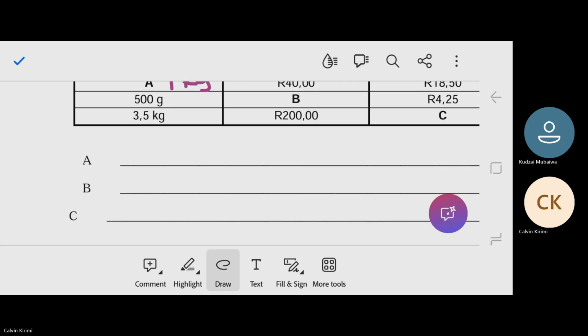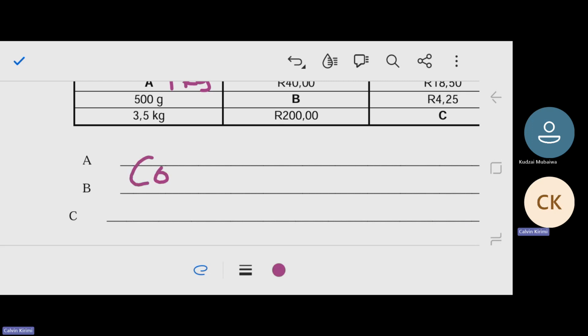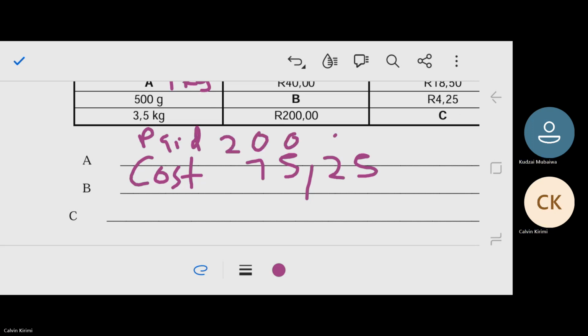75.25. So the cost is 75 rand 25 cents. Then the person paid with how much? 200. What is the change? 124 rands, 75 cents.